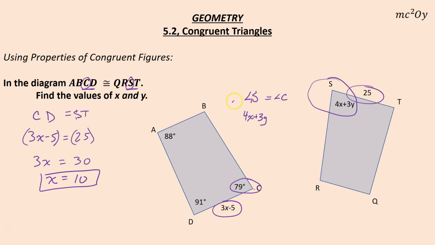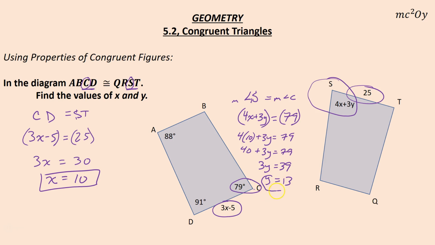So the measure of S is equal to the measure of C. So if I substitute 79 in for C, 4X plus 3Y for S, and then substitute that 10 in for the X, and then solve here, it's 40 plus 3Y equals 79. 3Y equals 39, that means Y is equal to 13. All right, so X is 10, Y is 13. So that order in which they're given really helps out there.